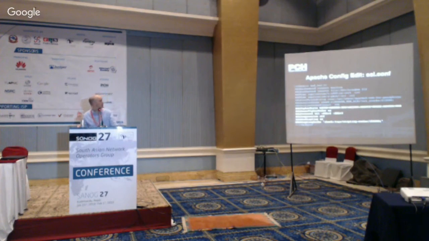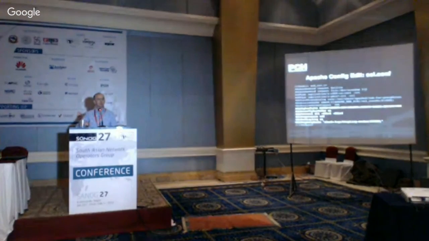And here, this is probably a little too small. This is kind of the meat of the matter when it comes to running the website securely. What we're doing here is specifying which ciphers we want to support, and these are ciphers that are known to not be vulnerable to any of the attacks.